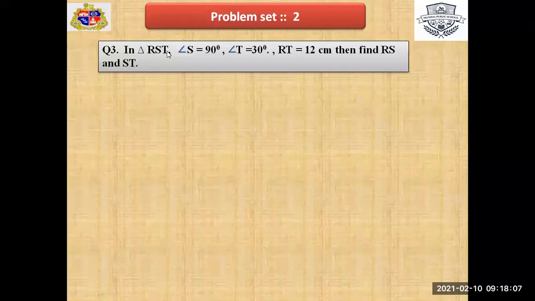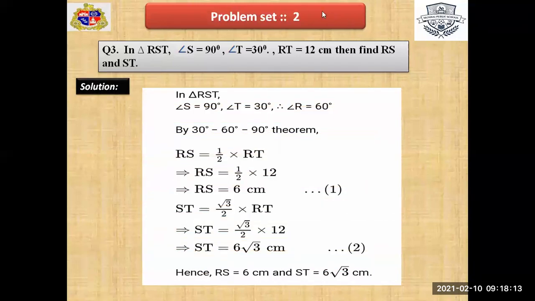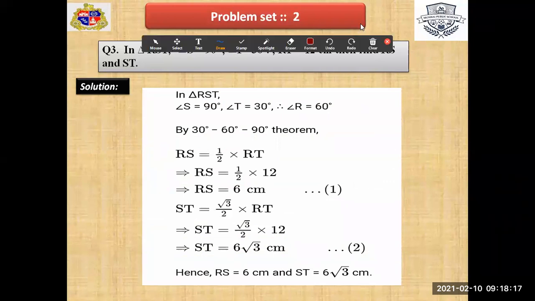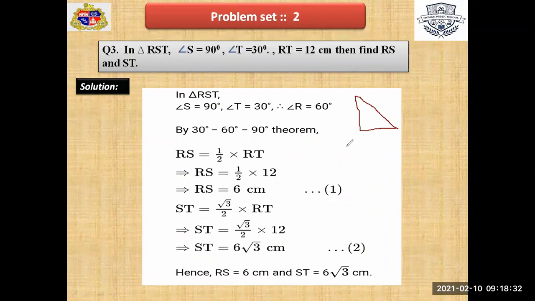Triangle RST, S is 90 degrees. So we draw the diagram here. Angle S is 90 degrees.